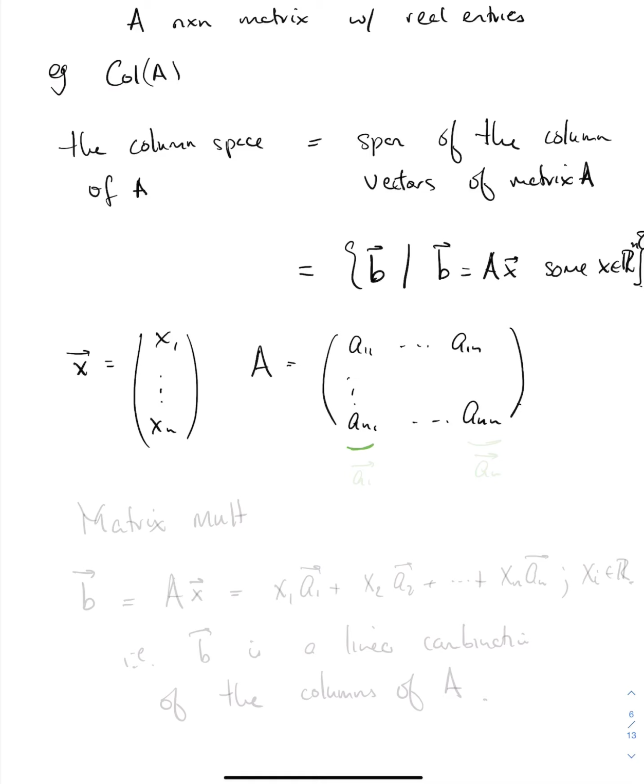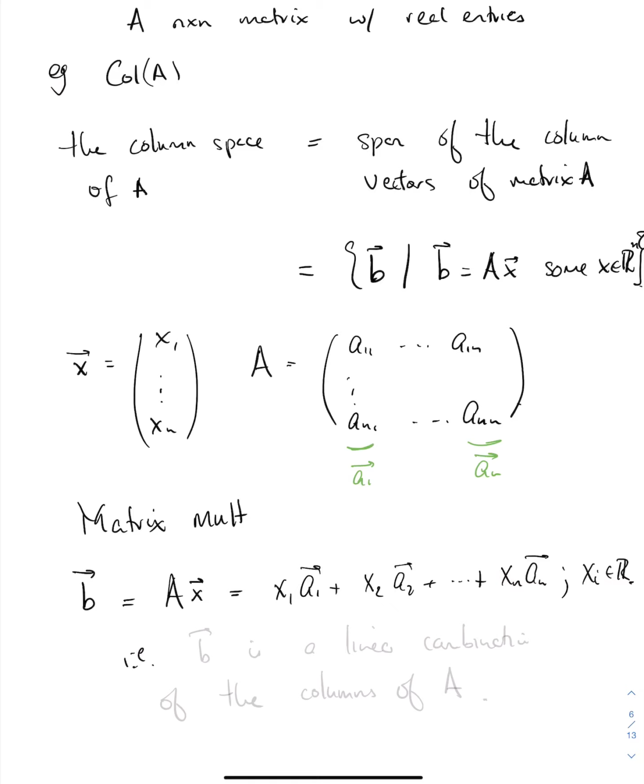Here's the first column vector, and here's the last column vector, etc. How does matrix multiplication work? Well, b is going to be Ax from our definition of the column space. But what does that mean? Well, x1 times the first column plus x2 times the second column, etc., all the way to xn. And remember, our xi are real numbers.